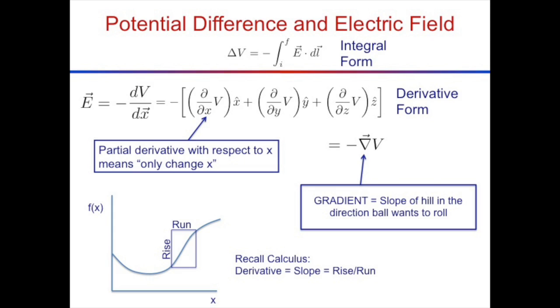But we need somehow a slope that's got a direction. That's because we're thinking of this case where we've mapped potential at every point in space to height. So it's like I have a mountain range I'm on, and I have to decide, am I going to take this derivative in this direction or that direction or that direction?